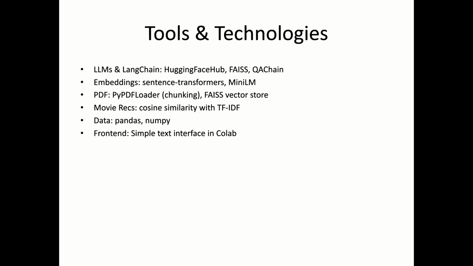For embeddings and similarity checks, we use sentence transformers and cosine similarity. Everything runs inside Google Colab using tools like pandas, numpy, and regular expressions. So this setup allowed us to build an end-to-end working prototype entirely in the cloud.